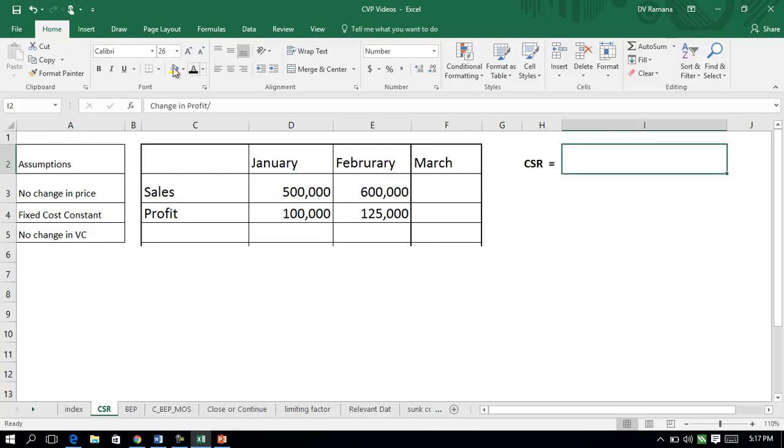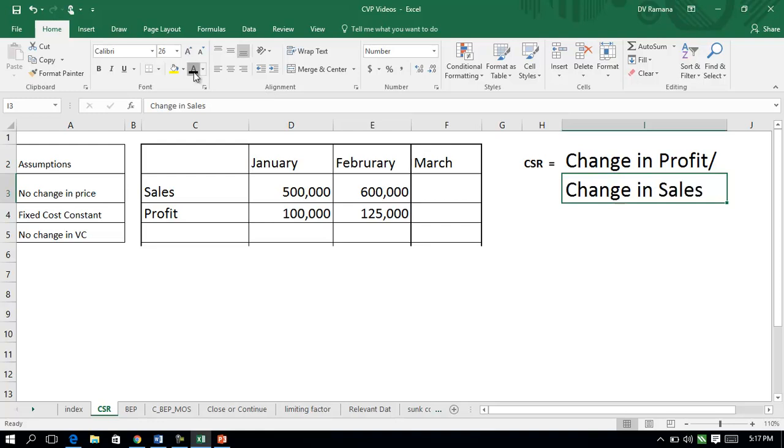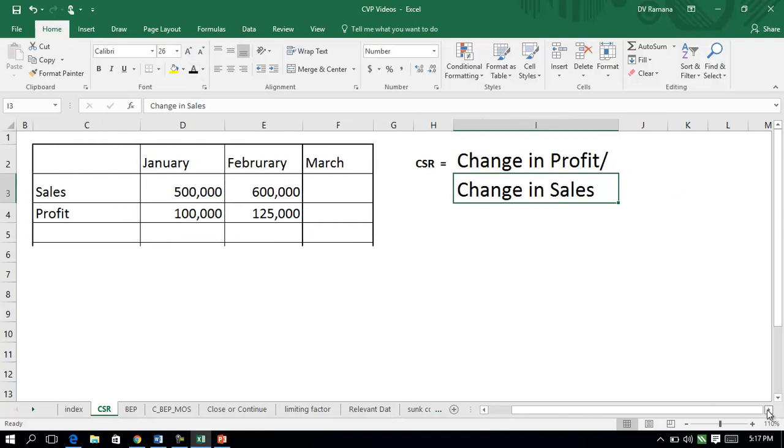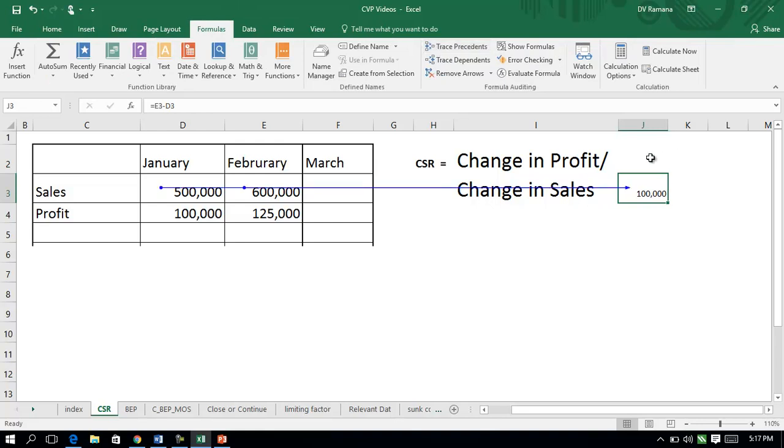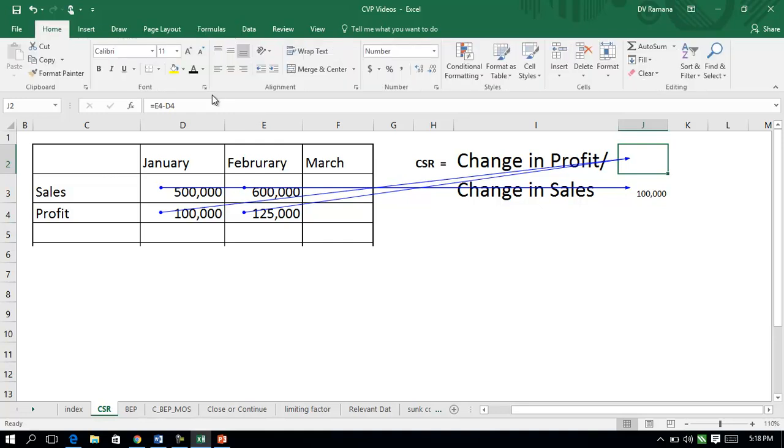So in that situation, the contribution margin can be calculated by using change in profit by change in sales. Change in sales is 100,000 and change in profit is equal to 25,000.